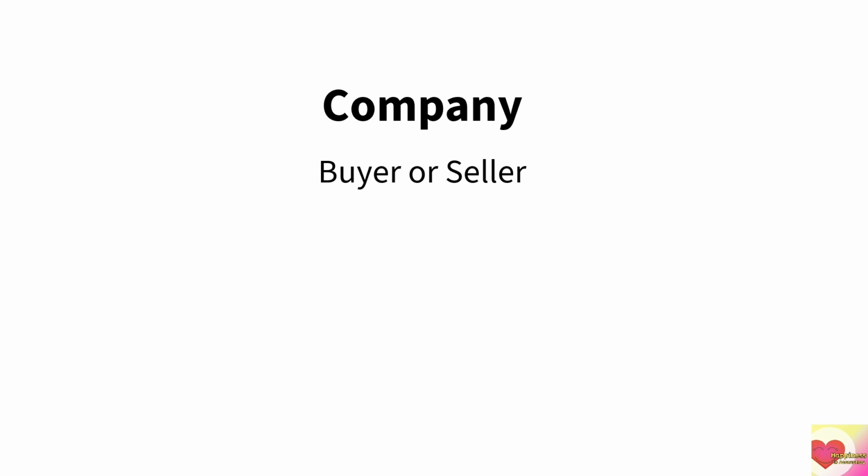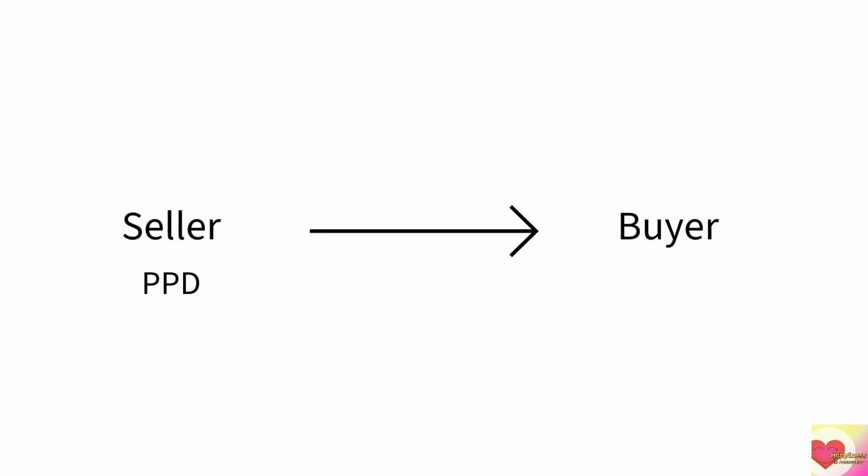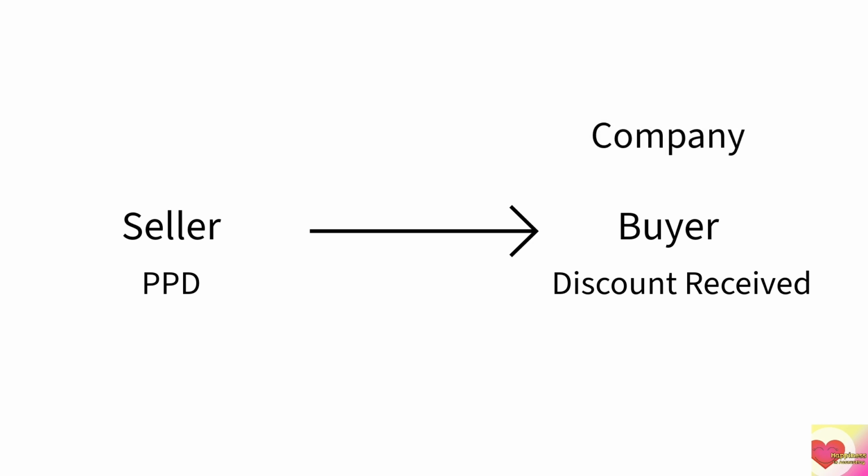I have discussed this in the previous video, and I will put the link down below. The second thing that you have to remember is when it comes to prompt payment discount, the only party who can give the discount is the seller, not the buyer. So if you see the discounts received, it means our company was given the discount by the seller.